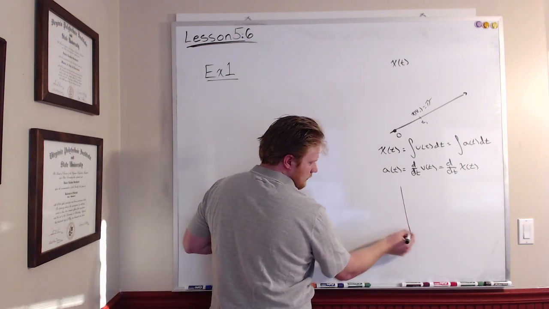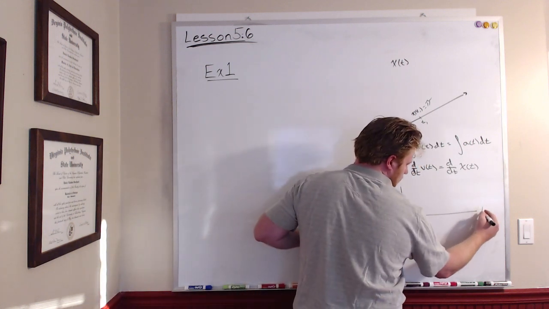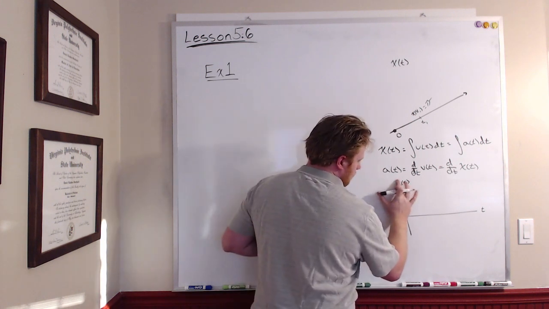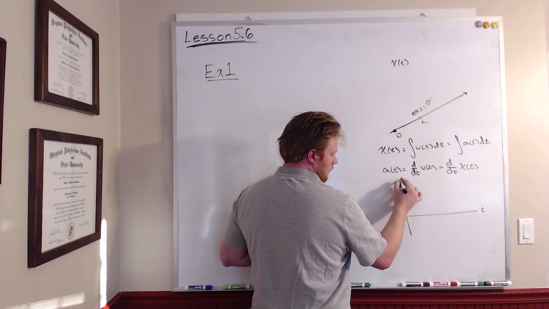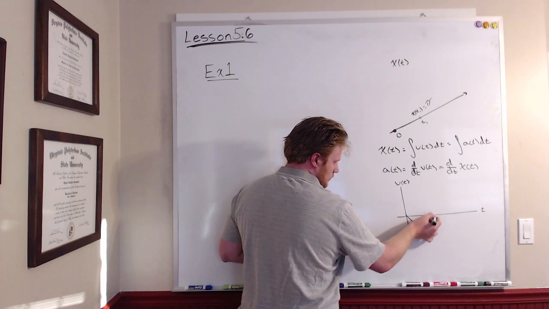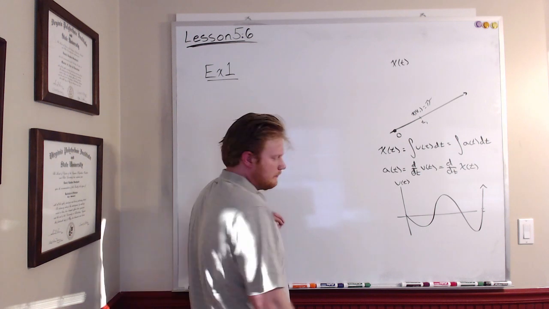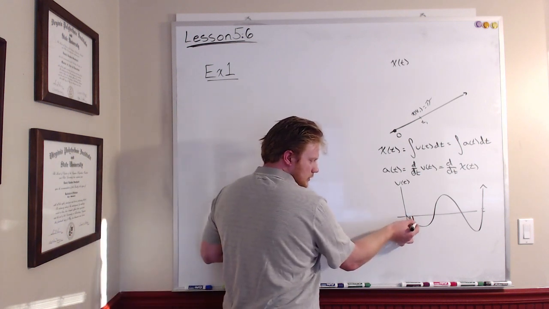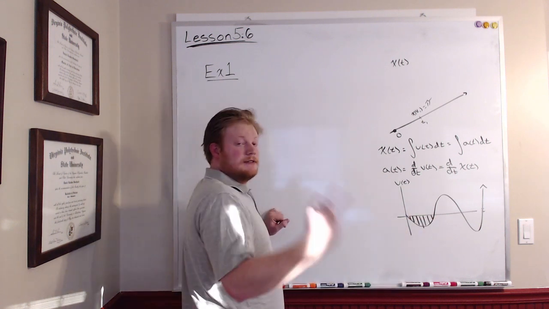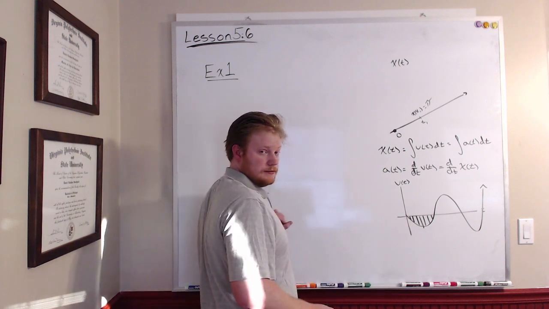Now there's also this idea of displacement versus distance. Well, given a velocity versus time graph that maybe looks something like that, the area here would represent negative distance traveled because the velocity is negative.